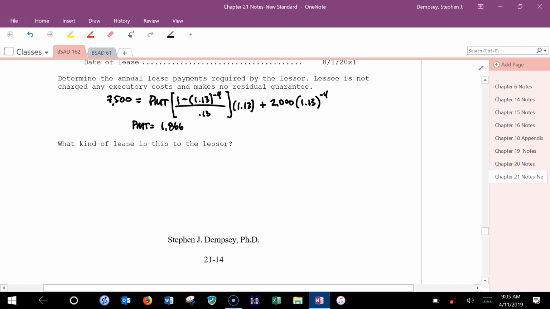So what kind of lease is this to the lessor? The lessor has those 5 criteria. Remember what they were. Does it transfer ownership at the end of the lease? So that test fails.